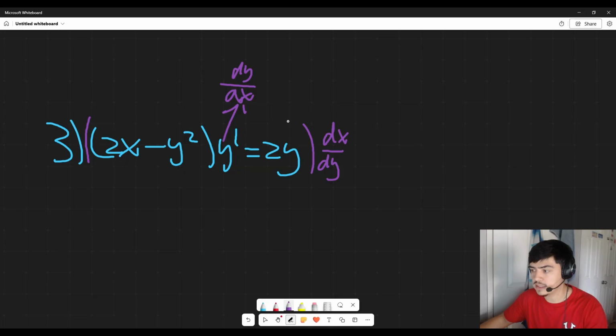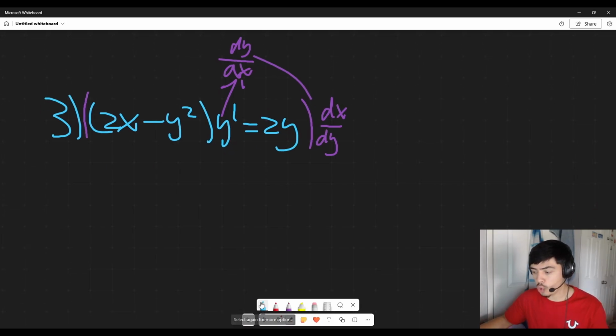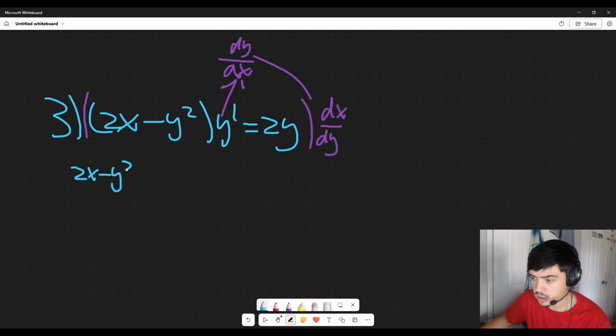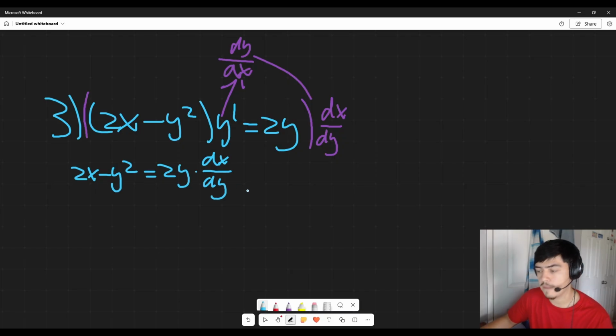So multiplying this dx over dy into everything, these right here will cancel out, right? The dy's cancel out and the dx's cancel out. So what we're left with is 2x minus y squared equals 2y times dx over dy.